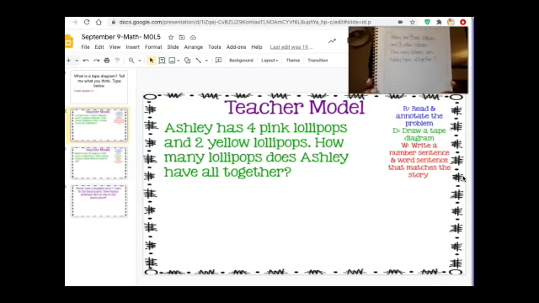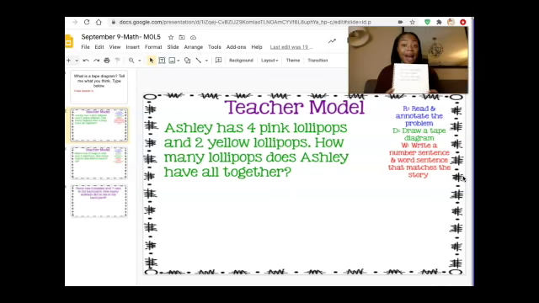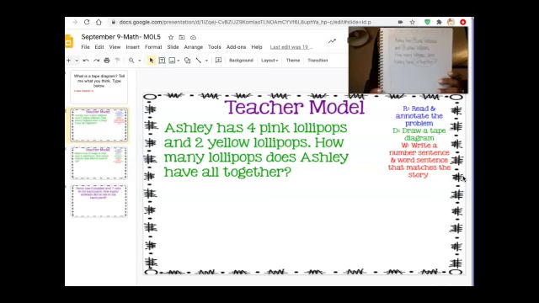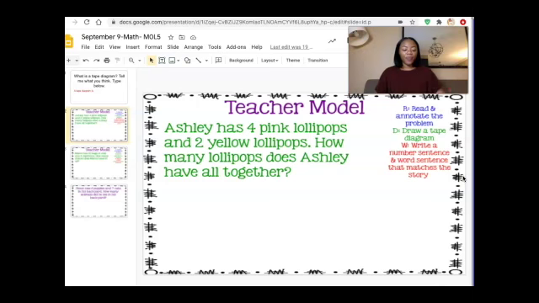How many lollipops does Ashley have all together? Now, should I underline the entire question? I don't really have to, but the words "all together" are very important because they let me know that I need to add some things together because I want to figure out the total.